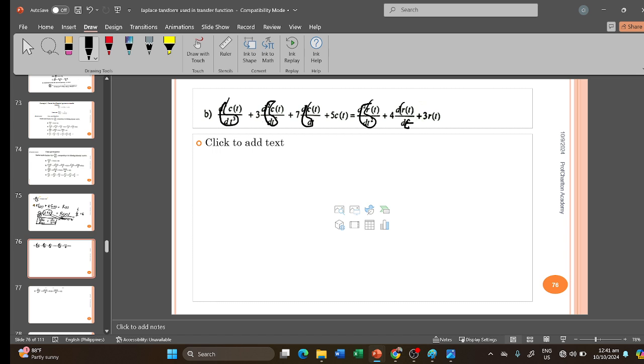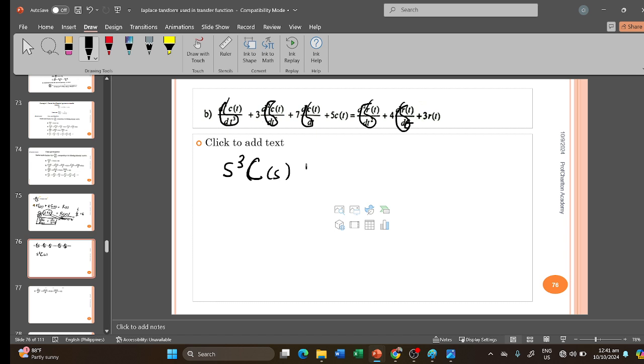So d cubed, that is a third order, so it becomes s cubed. This becomes capital C, and then this becomes (s). Okay?